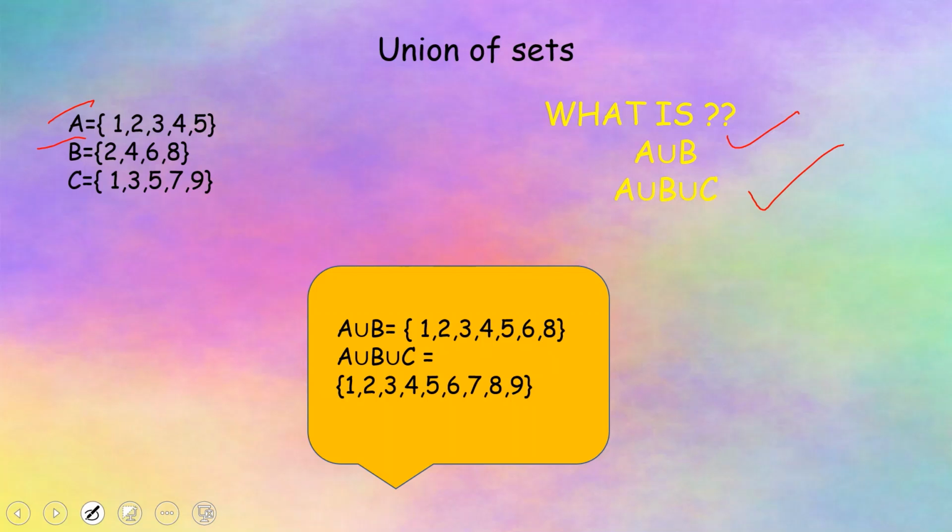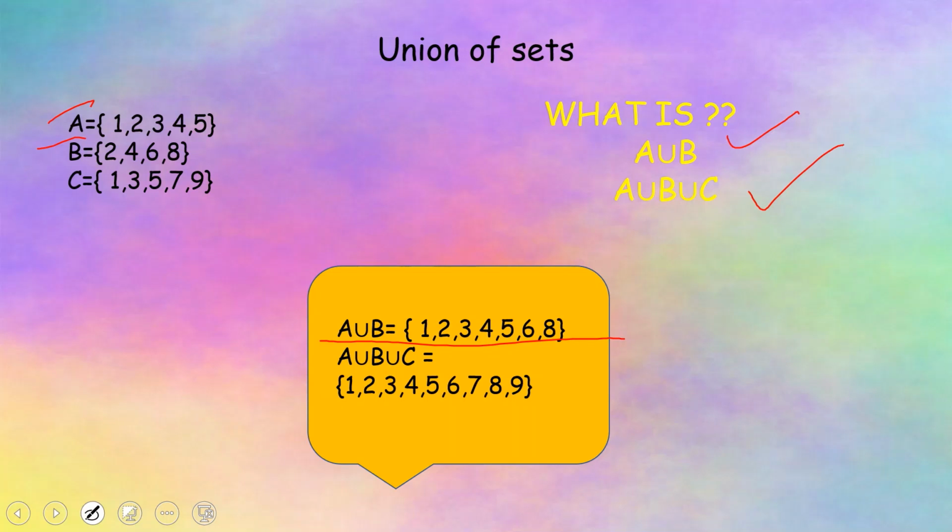So we write them a single time, and whatever elements are present in A and B, we unite them. That is, we combine all the elements and write them under a single set. That is called union. Union means reunite. So when we combine A and B, the set formed is 1, 2, 3, 4, 5, 6 and 8. 2 and 4 are common elements, so we have mentioned them only once.